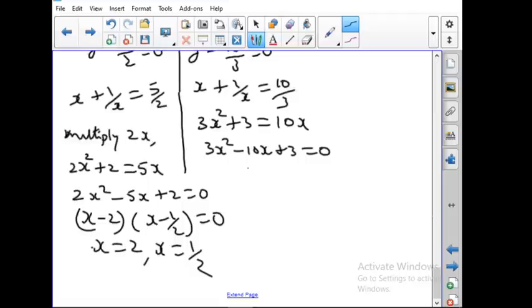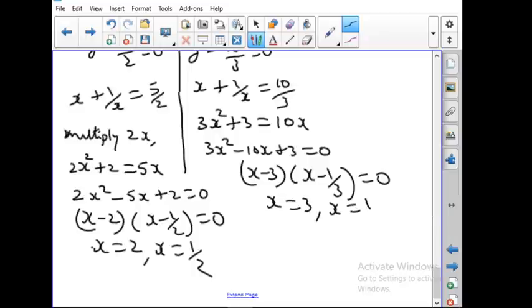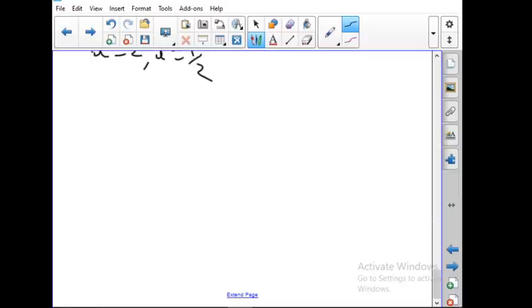Therefore, we get x minus 3 into x minus 1 by 3 is equal to 0. So x is equal to 3 and x is equal to 1 by 3. Therefore, the roots are 2, 1 by 2, 3 and 1 by 3.